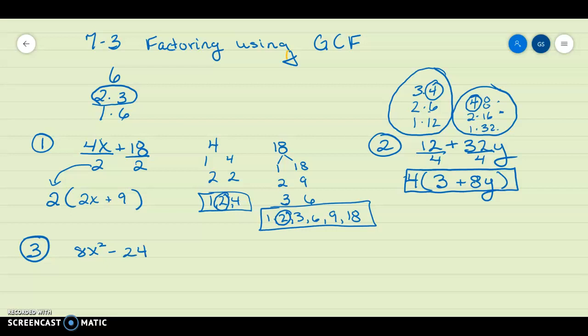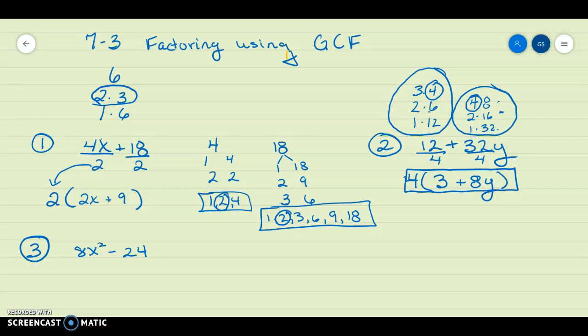All right. So one thing as you work on these, you're going to get better at them as you do them more. What's going to happen is you're looking for the largest number that goes into 8 and 24 evenly, and I can list them out, but there's a trick here to save some time. Take the smaller number, which is 8, and see if it goes into the larger number, which is 24, evenly.